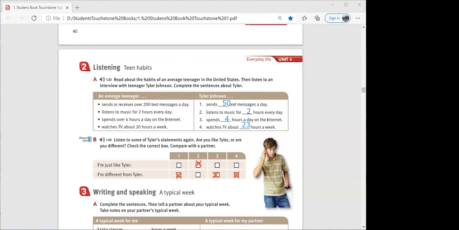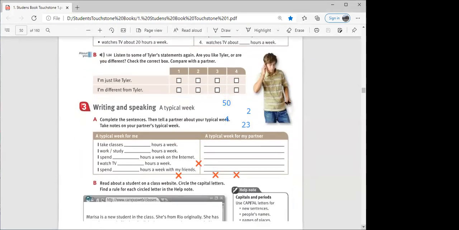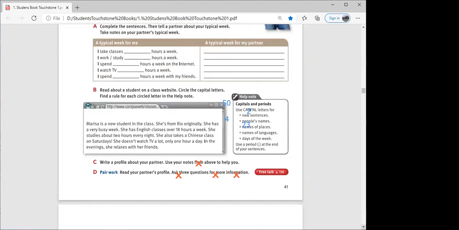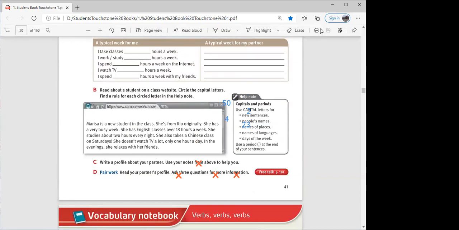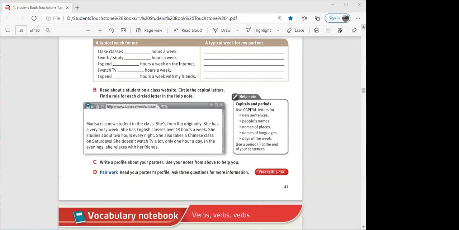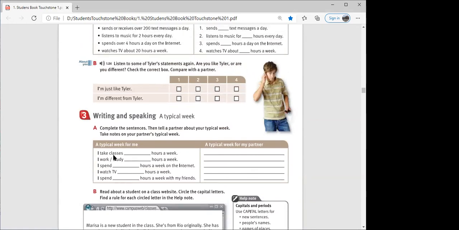All right, let's continue with the next exercise. How's this exercise been? ¿Sí le están entendiendo? Yes, teacher. Okay. Let's continue with this. Writing and speaking. A typical week.